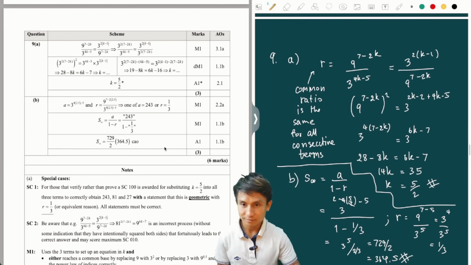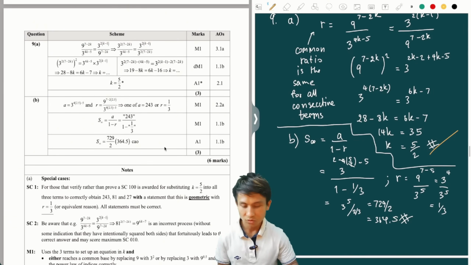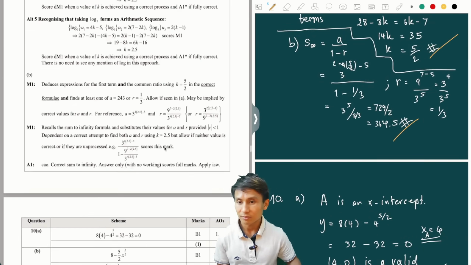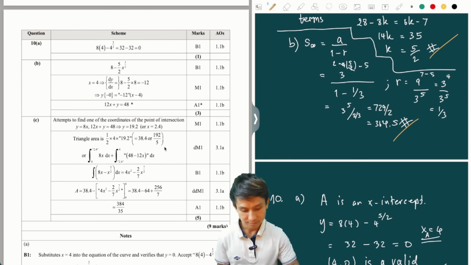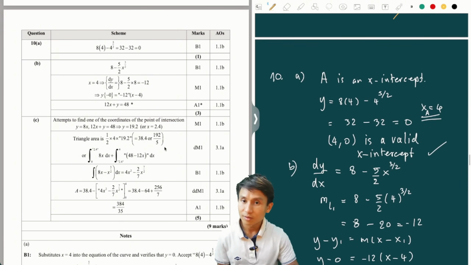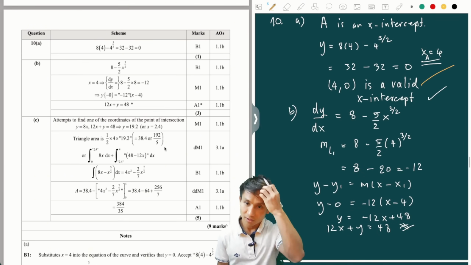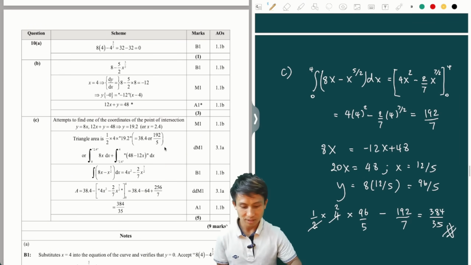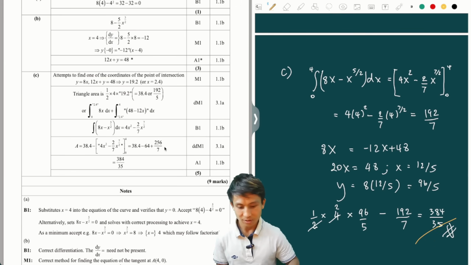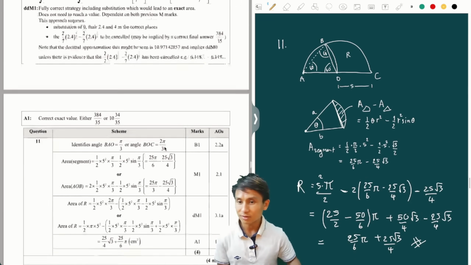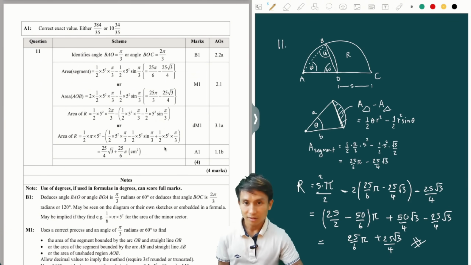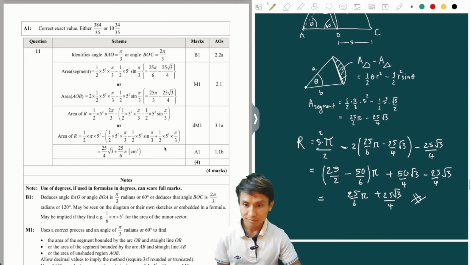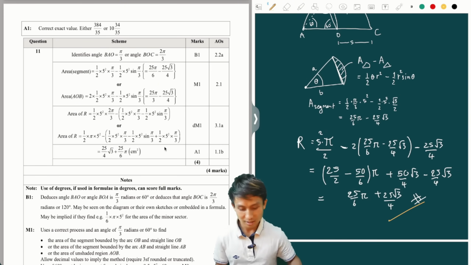Number 9, 5/2. That's right. Number 10. Huh? Yeah, substitute equals 0. Yeah, sure. That is as required. Part C. That is right, I think. Yeah. 11. Yeah, looking at the final line there, I got the marks.